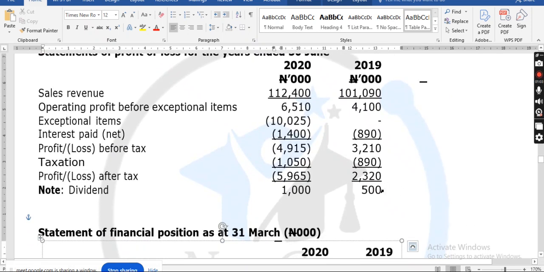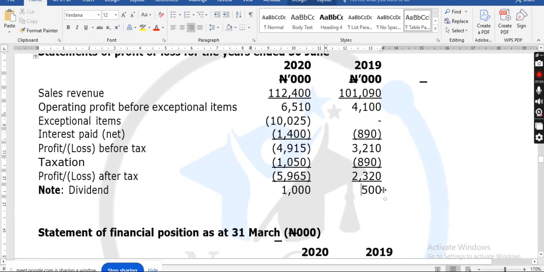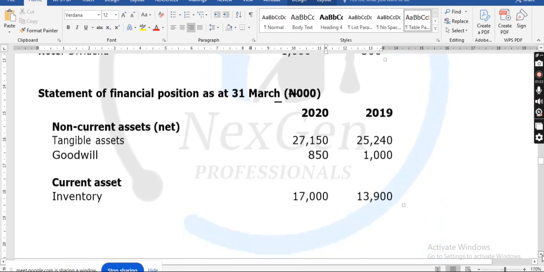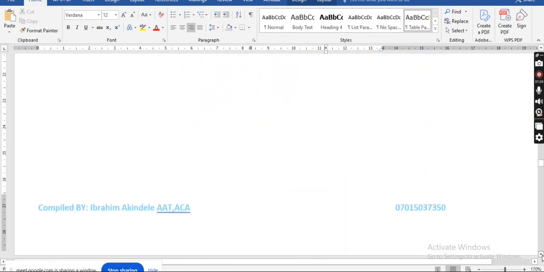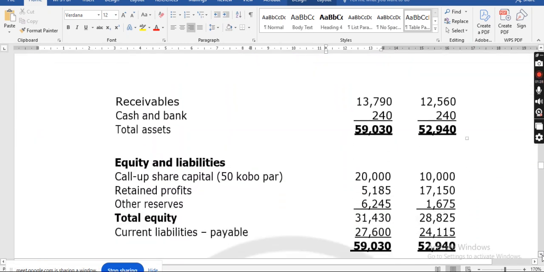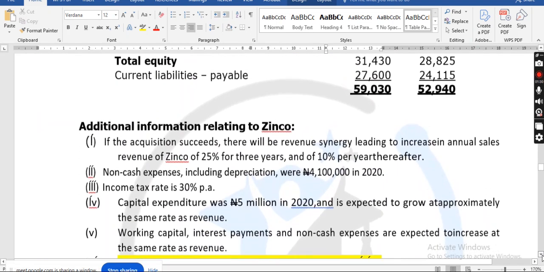You can see the dividend from 2019 was 500. 2020 was 1,000, which is 1 million, right? It means that there is a growth in the dividend. But the question says using the dividend-based valuation method, which means there is a growth in this dividend, right? Now, how do we apply the growth in dividend?